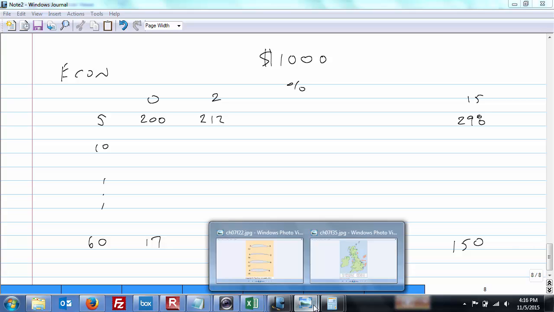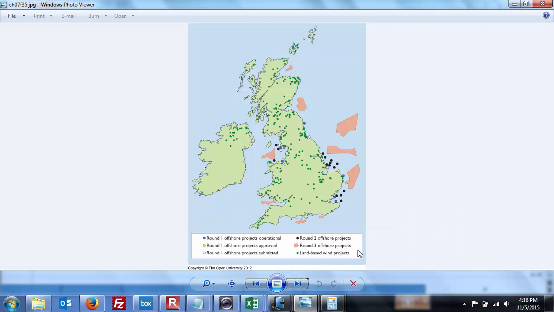Now we're into 7.8. And we're looking at figure 7.35 on page 337. And they've sort of separated these into different categories. The blues are all round one offshore projects that are operational. So all these guys out here are running.